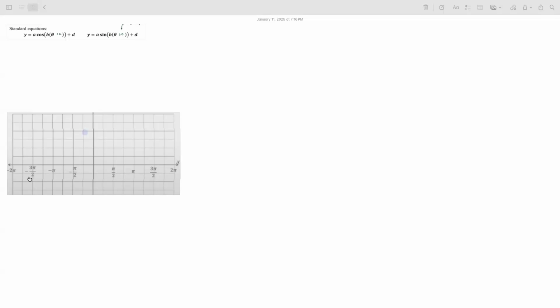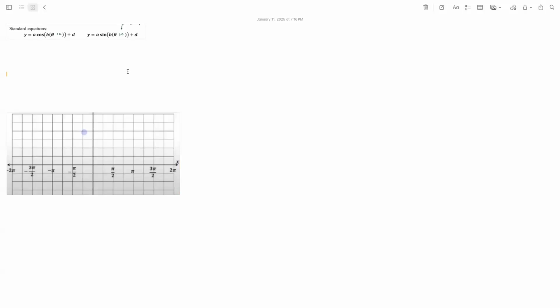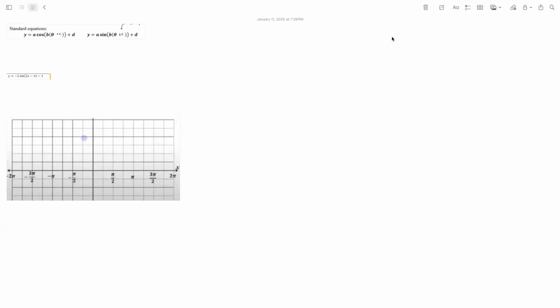Let me write it down for you. This is the graph I want to graph. It's too small, so I'm going to write it down for you. I want you to graph and show me y equals -2 sine 2x minus pi, minus 1.